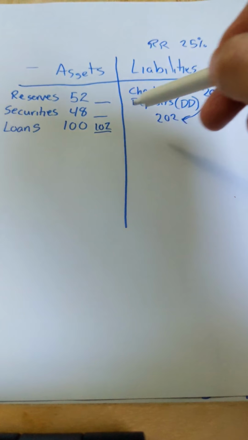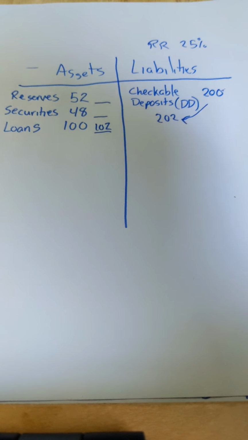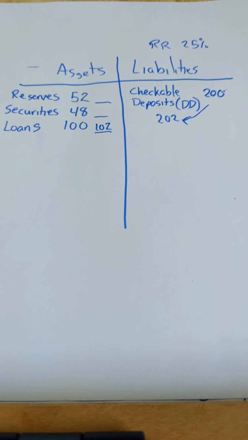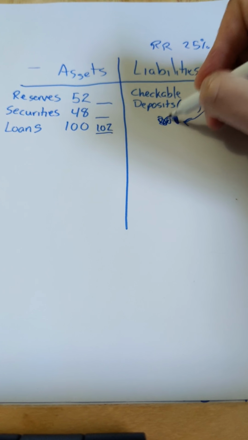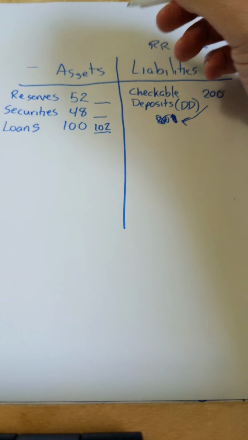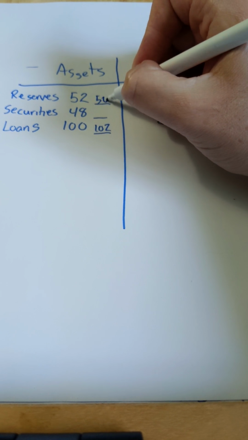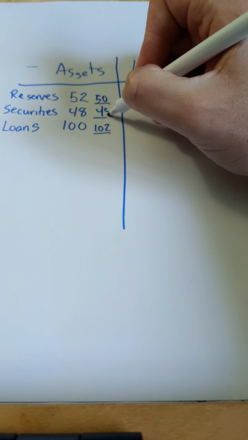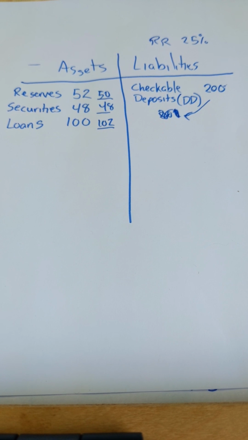Once that $2 loan buys whatever it buys, and then the check clears, that money's pulled out of that person's account and it goes back to 200. That money comes from the bank, so reserves become 50, and this is still 48. That's kind of how you would do that.